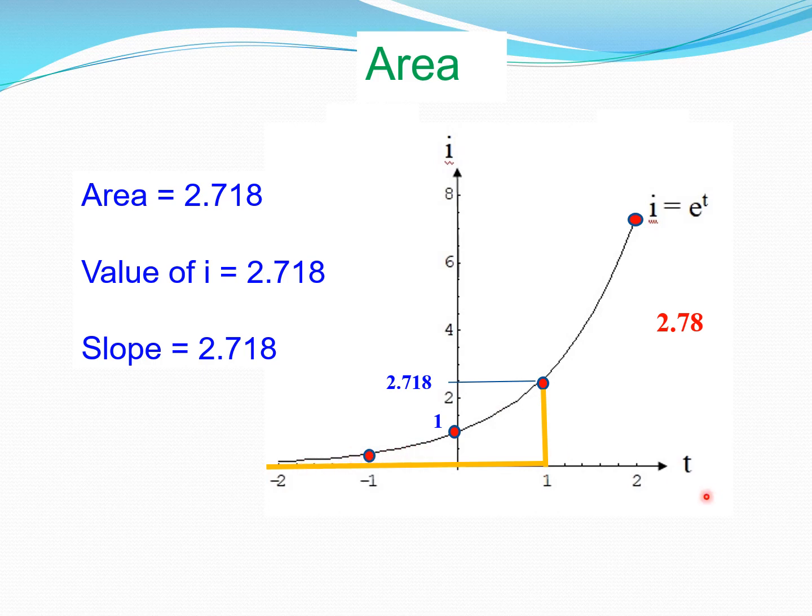So if you pick t equals 1, the value of the function is e to the 1, the slope of the line is also e to the 1, and the area to the left is also e to the power of 1, which is 2.718.